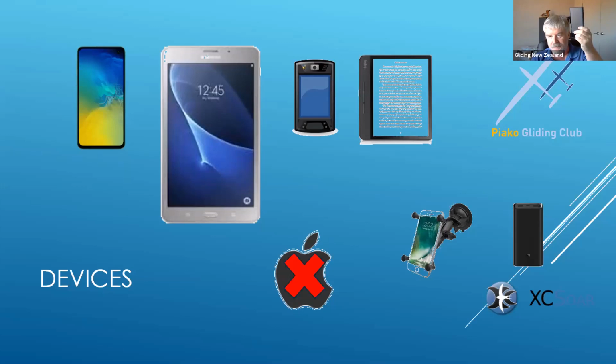Something like that. I find that the batteries will last longer in the device if you put it on airplane mode, so it's not trying to talk to the world while you're flying. If you do that, my Samsung pad will last 2.5 hours or so. Not long enough for a really long task, but not bad for everyday flying.